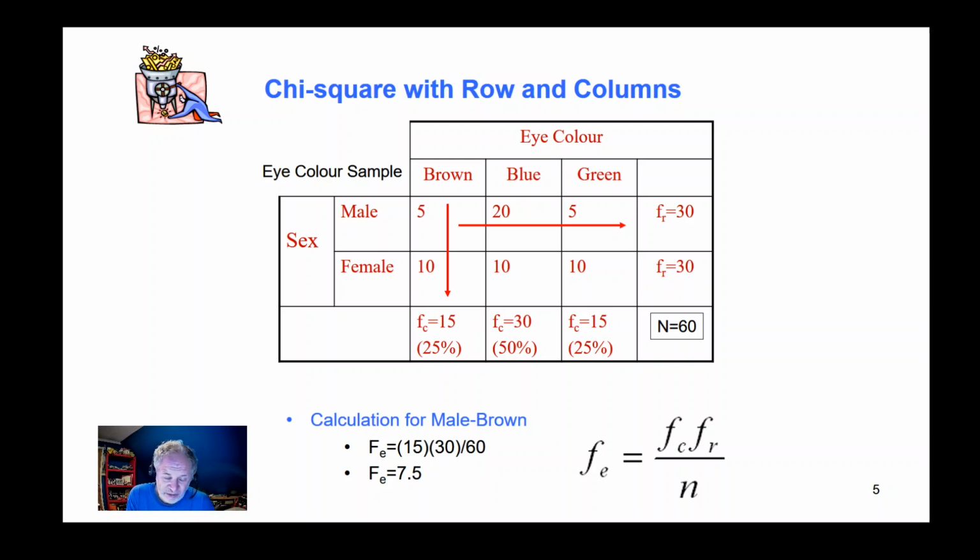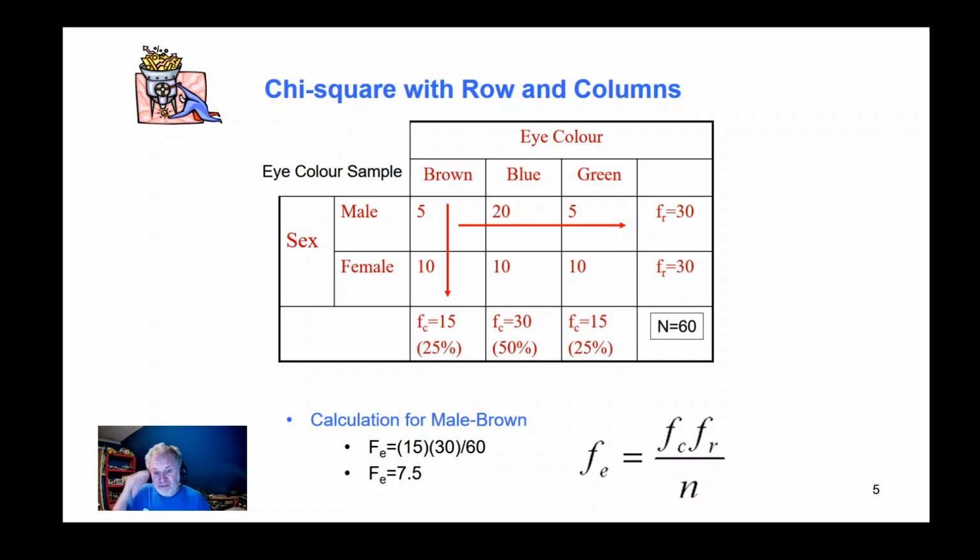My null hypothesis is that those proportion breakdowns, 25% brown, 50% blue, 25% green, is the breakdown by eye color in the population. What I want to do is apply those percentages, the 25, 50, 25, to the number of males that I have and the number of females I have.